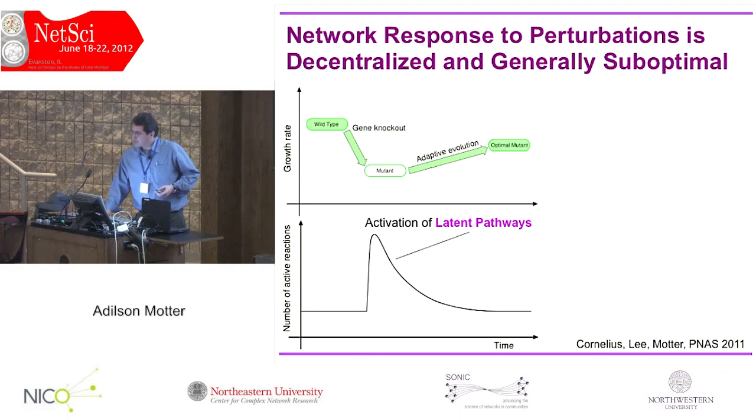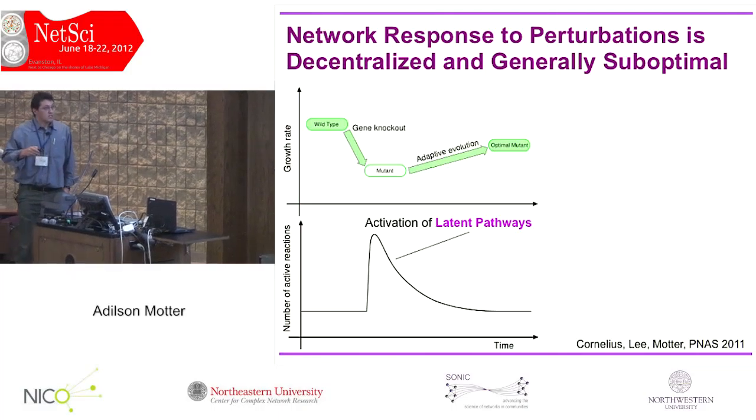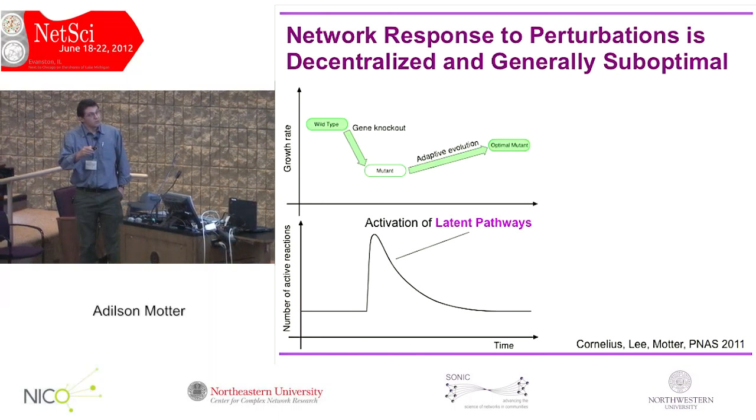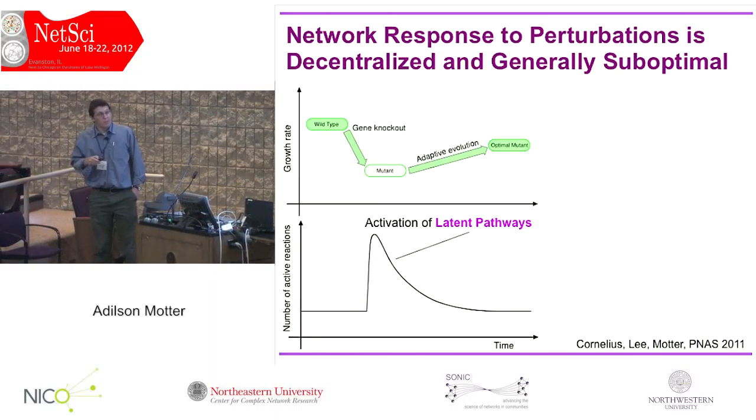So one hypothesis that has been out there is that these reactions have been activated by the cell in an attempt to cope with the impact of the perturbation. So it's such that they will help the cell to reproduce. So this should therefore have a positive impact in growth rate.